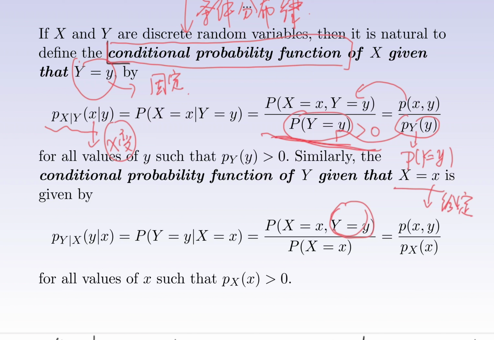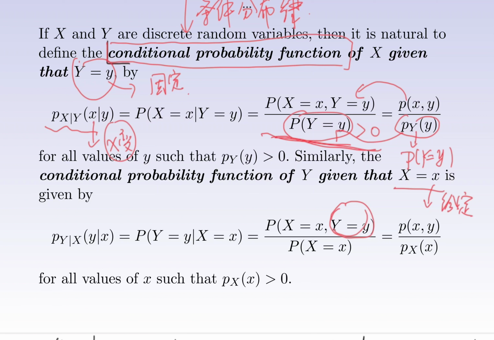So I need to do some mathematical work so that I can represent the information about their relationship.